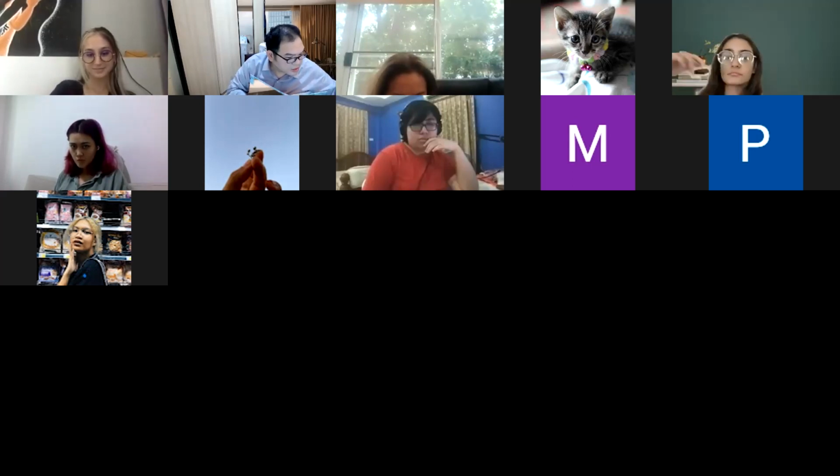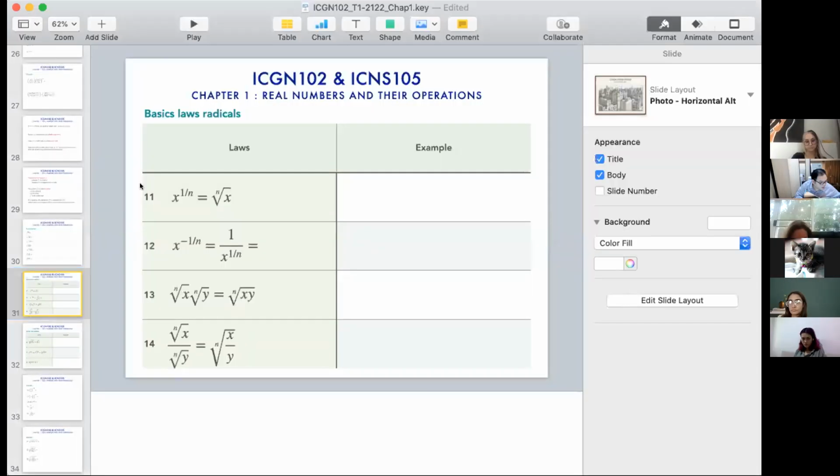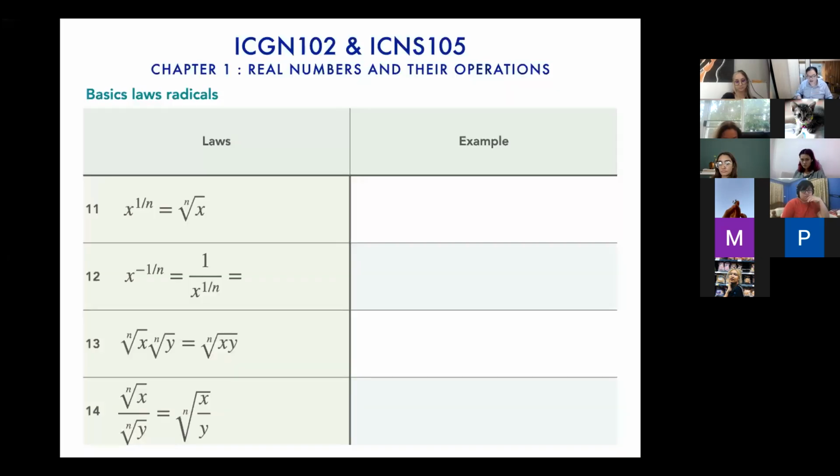So in the next slide, okay, let me start my slide in here. For the next slide, it's the basic law of radicals that you should know. The first one we talked about in the previous couple of slides already.